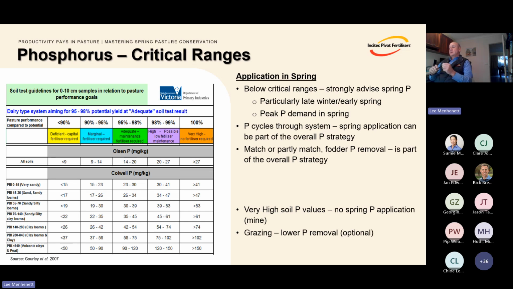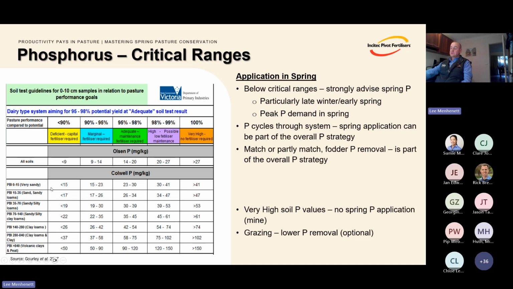So when we get to the next point, do we need to apply phosphorus or not? It all comes down to where your critical ranges are. This is from Better Fertiliser Decisions for Pastures, and these are our critical ranges based on 95 to 98% of maximum yield in a dairy type system.